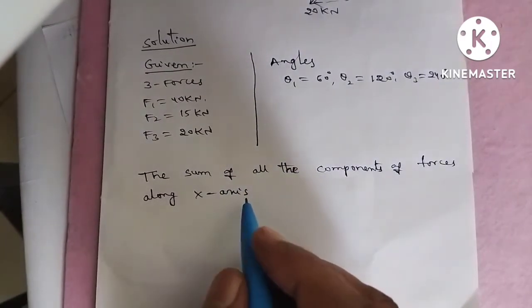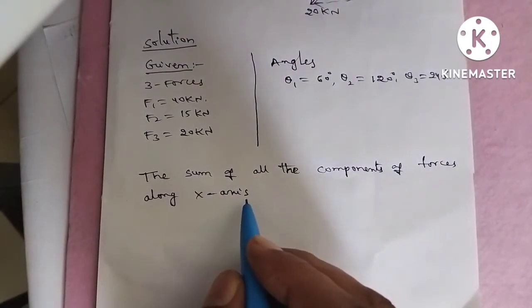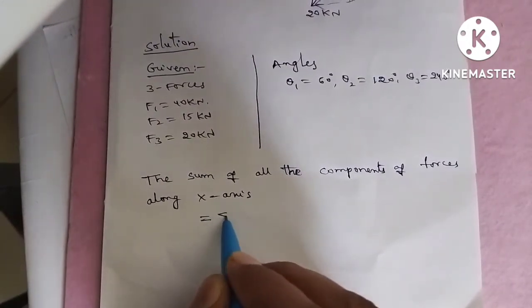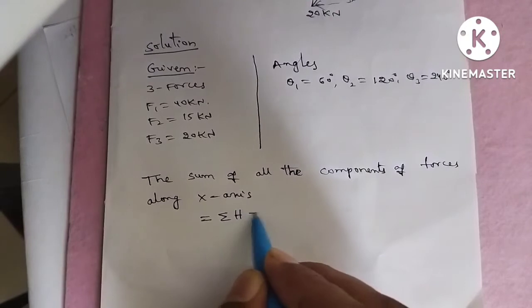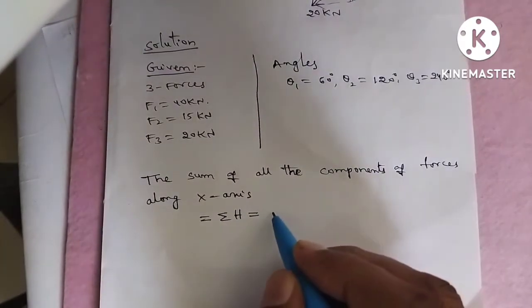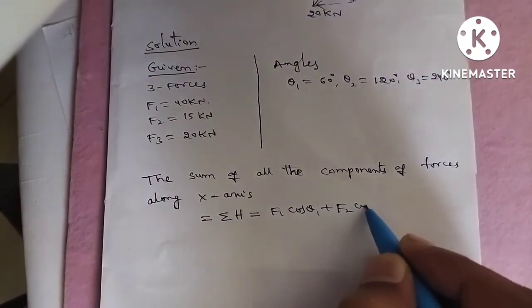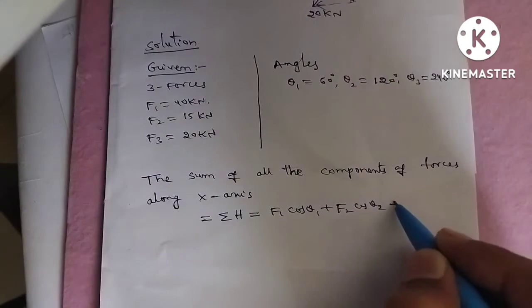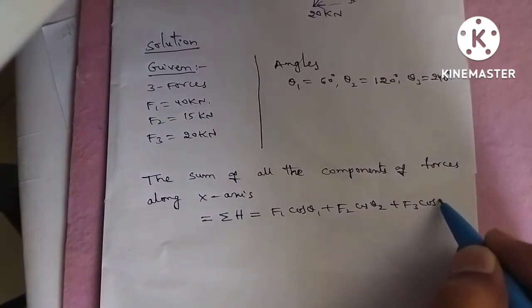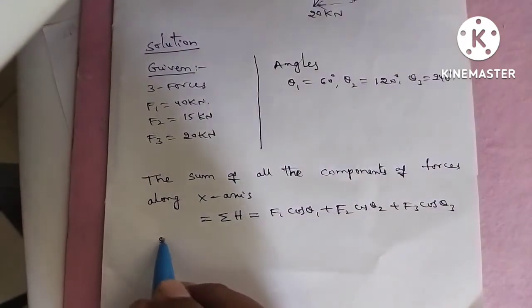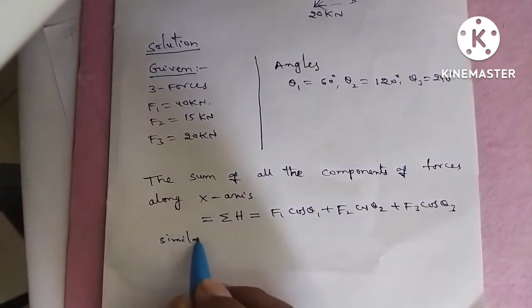We know the formula for this. You can call it sigma H, or simply H. Sigma H is equal to, along the x component it is cos theta, so F1 cos theta 1 plus F2 cos theta 2 plus F3 cos theta 3. So this is the sum of the horizontal components of all the forces.